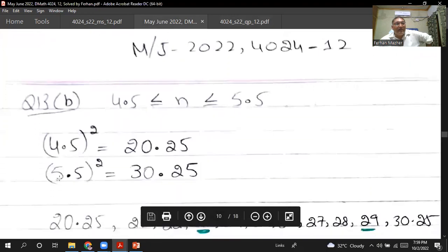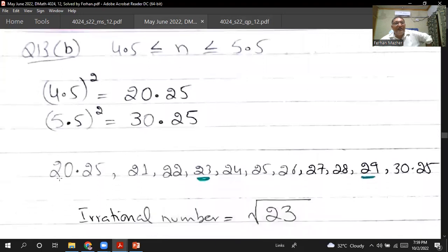So I will square 4.5. 4.5 squared is 20.25. And the square of 5.5 is 30.25. So I will write the integers between 20.25 and 30.25.